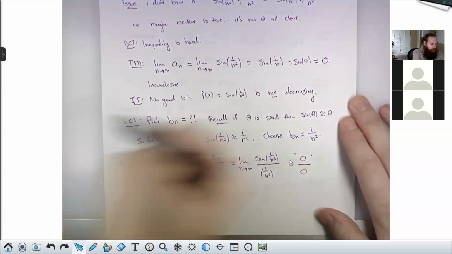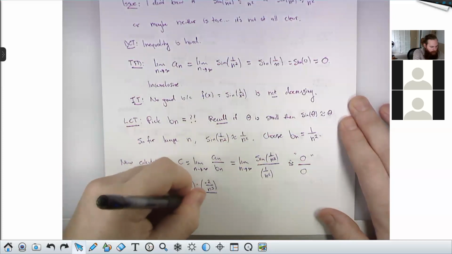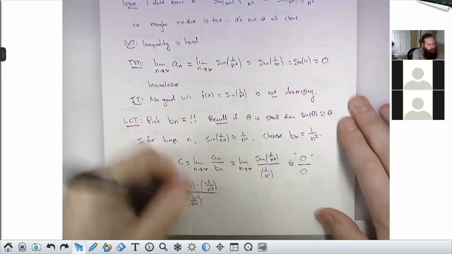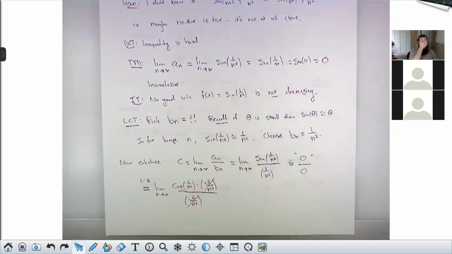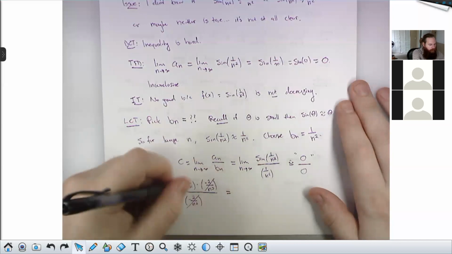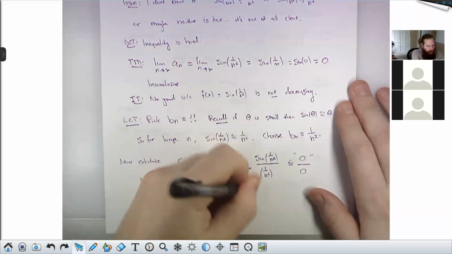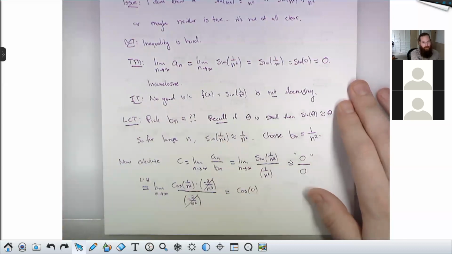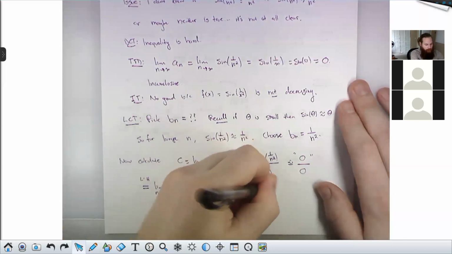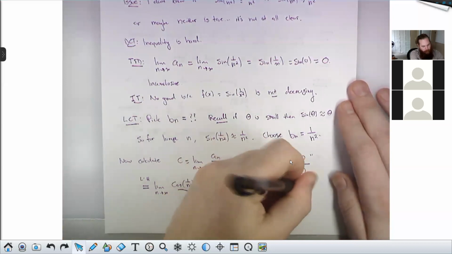And then downstairs, I also have the derivative of 1 over n squared, which is negative 2 over n cubed. And those do cancel. Now, as n goes to infinity, the 1 over n squared that's left inside this cosine goes to 0. And the cosine of 0 is 1. So C is equal to 1.